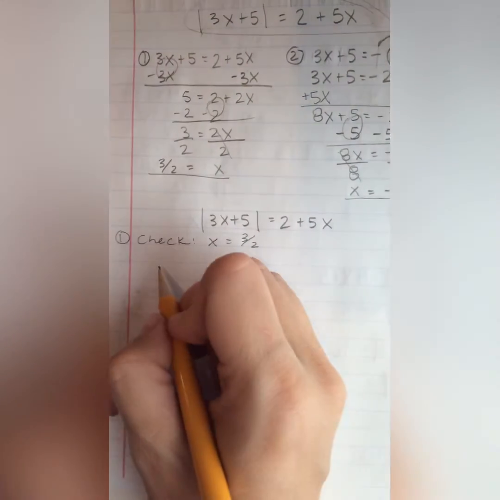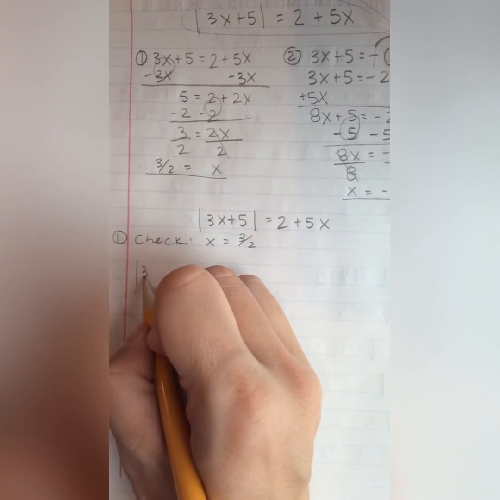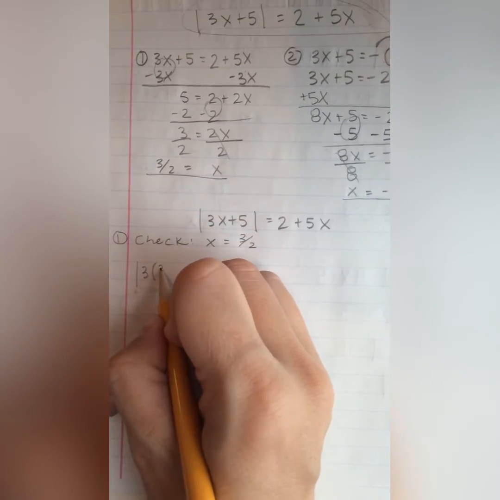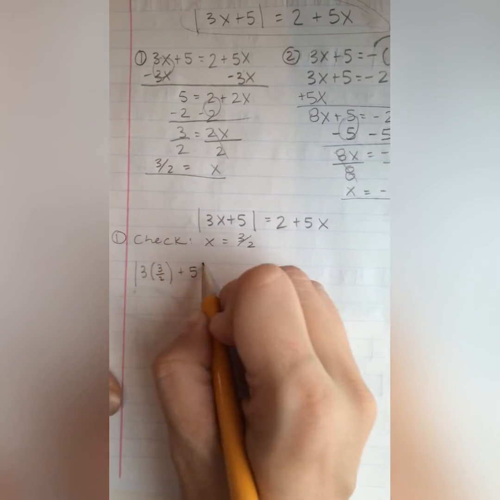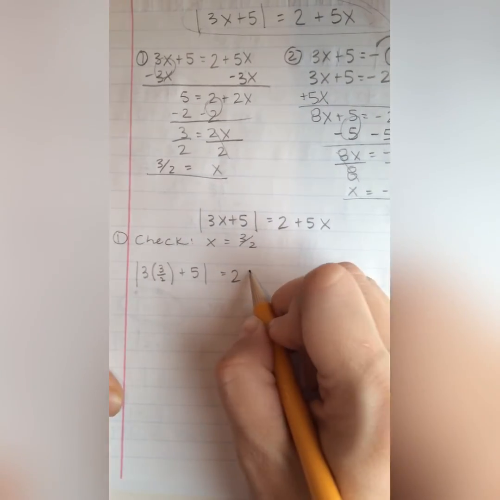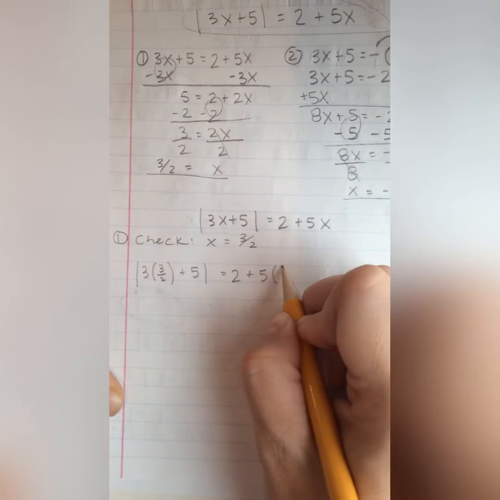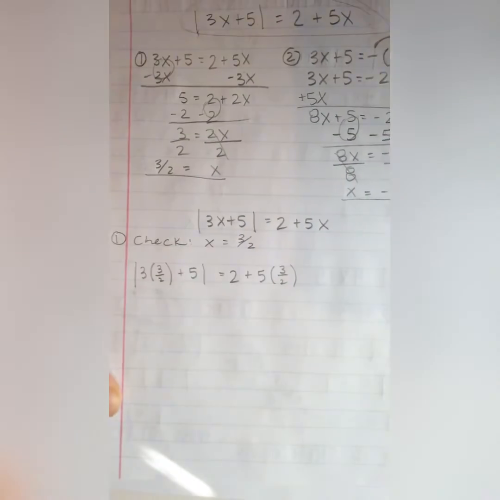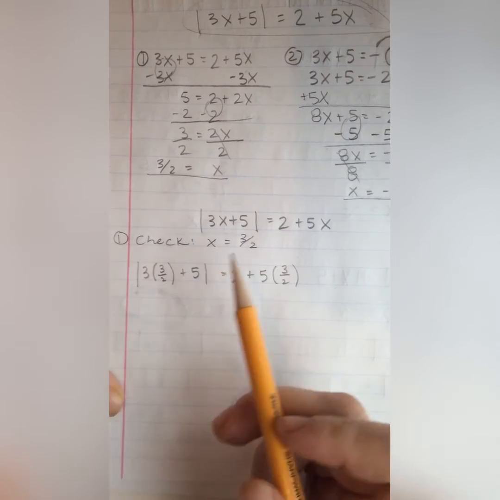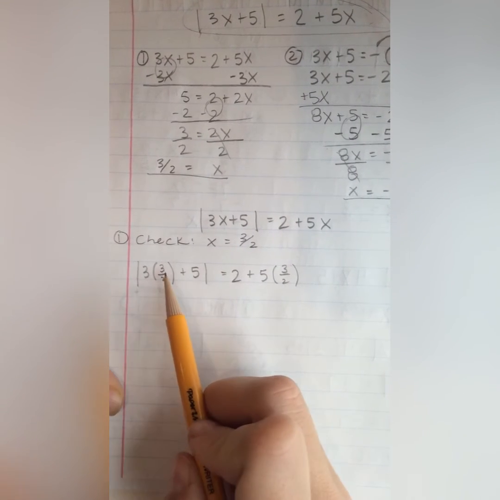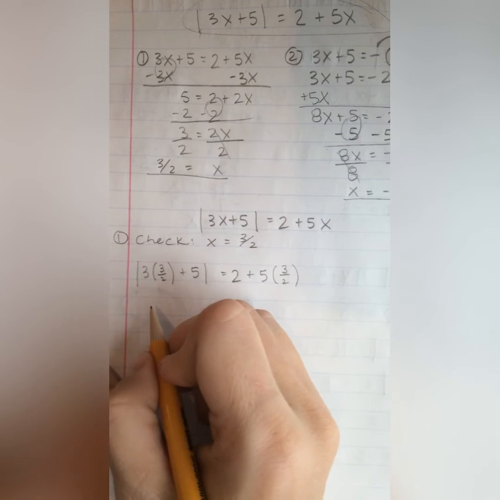Okay? So I have the absolute value of 3. Instead of x, I'm putting 3/2 plus 5 equals 2 plus 5 times 3/2. Okay? So 3 times 3/2, 3 times 3 is 9, divided by 2.